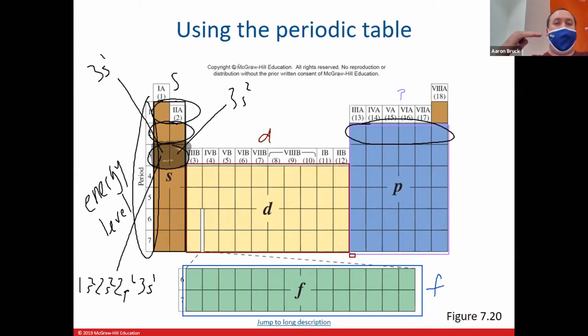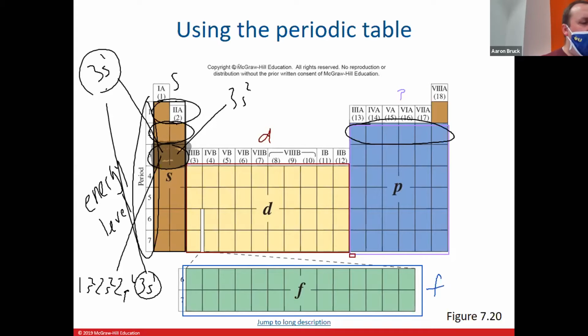I start with my lowest energy, which is at the top of the table, and I build my way down to the highest energy, ending at whatever box the element I'm looking at resides in. And that box represents the last configuration of that particular element.